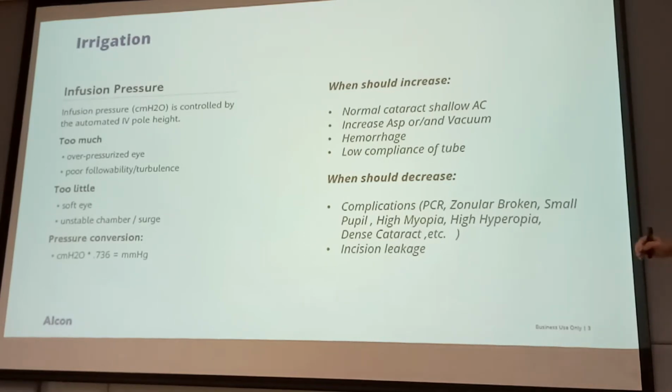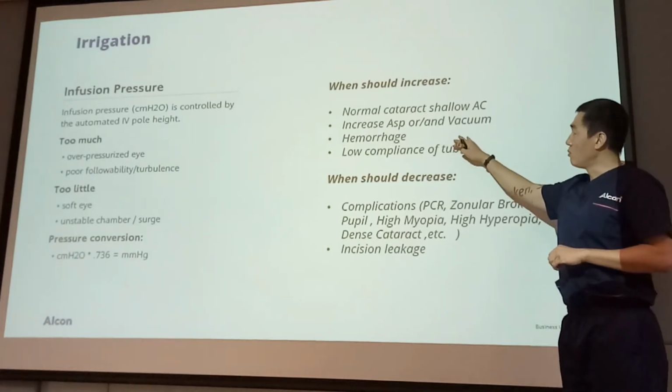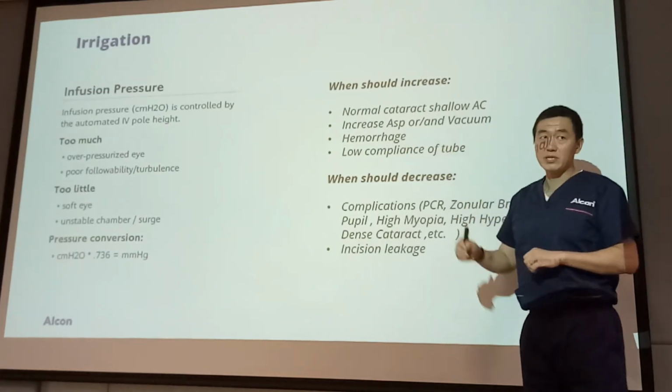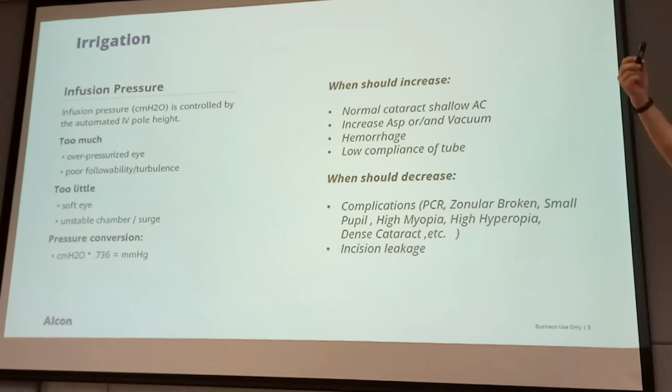So this is the basic thing. And when we increase the aspiration, remember irrigation is the water inside, aspiration is the water outside of the eye. So if we increase aspiration, we need to increase the irrigation also, because if aspiration is more and irrigation stays the same, the AC will shallow, right?